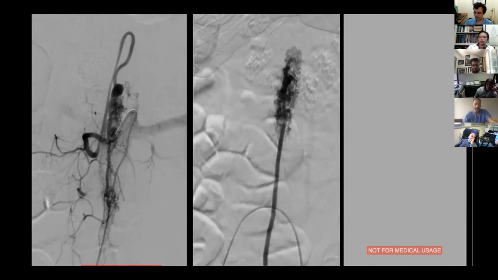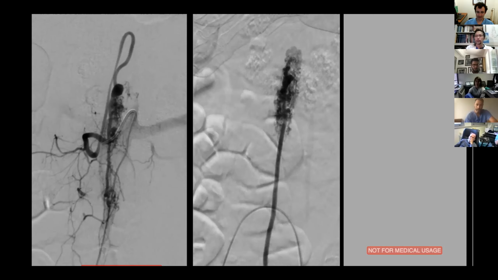Just in general, I would say that as a neurointerventional community, would it be fair to say that in terms of something as complex as this, which we can call a conus AVM, or a cauda equina AVM, filum terminale lesion, whatever you want to call these, given the asymptomatic state, I think there is pretty good consensus that a prophylactic embolization is not something that most people would entertain.